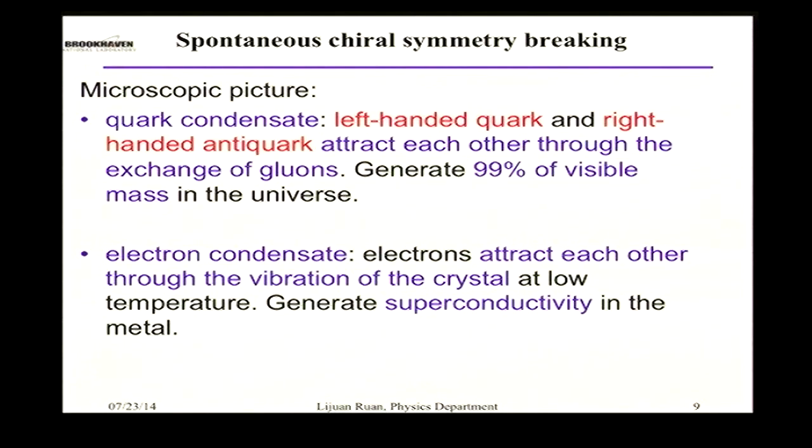And this generates 99% of visible mass in the universe. This process is quite similar to the process of generating superconductivity. In that case, at low temperature, the electrons attract each other through the vibration of the crystal, and an electron condensate is formed, and this generates superconductivity in the matter.